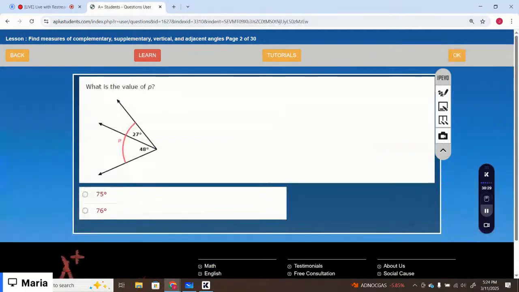What is the value of P? P is the complete angle. The small angles measure 47 and 28. So just add and see which is the correct option.